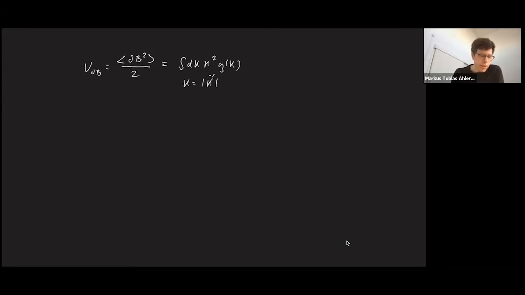So if this is the total energy density of the magnetic turbulence, we can now define the power of magnetic turbulence as P(k) equal to k squared times g(k). This is the power distribution of magnetic turbulence depending on different Fourier modes, and it is the characteristic that is going to drive cosmic ray scattering in magnetic turbulence.